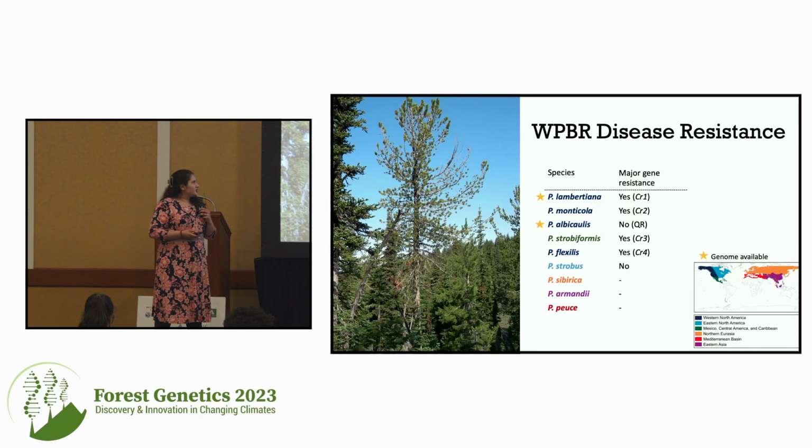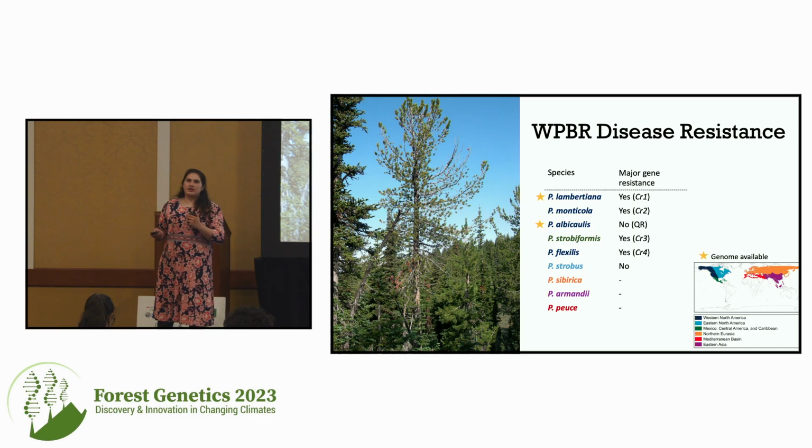Before I move on, just talking about the types of resistance to white pine blister rust. Pinus lambertiana, sugar pine, does have major gene resistance, the Cr1 allele. But white bark pine, Pinus albicaulis, does not.